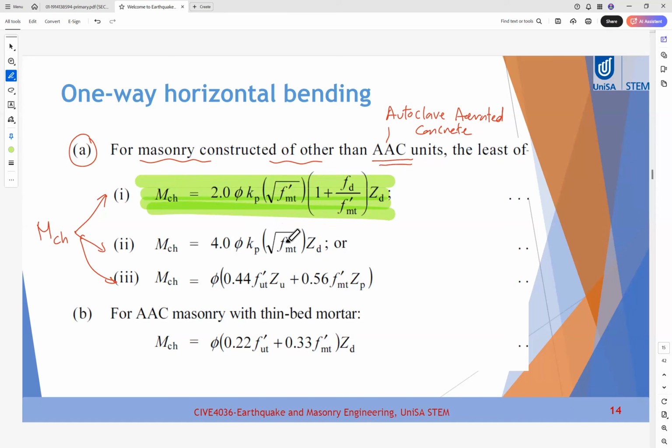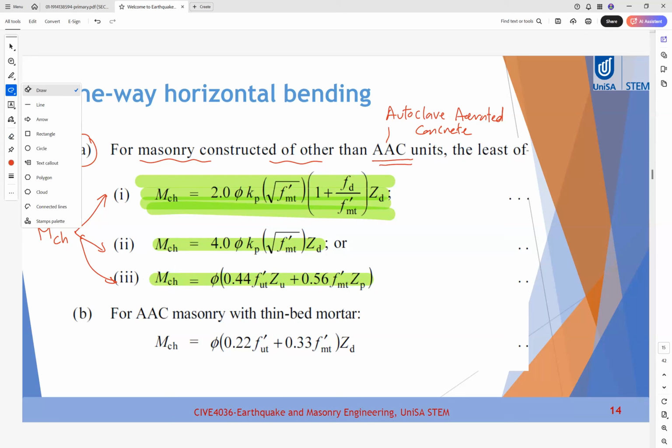The second value is 4 times phi KB root FMT dash ZD. The last value is 5.44 FUT dash ZU plus 0.56 FMT dash ZDB. So these are the three values we have.